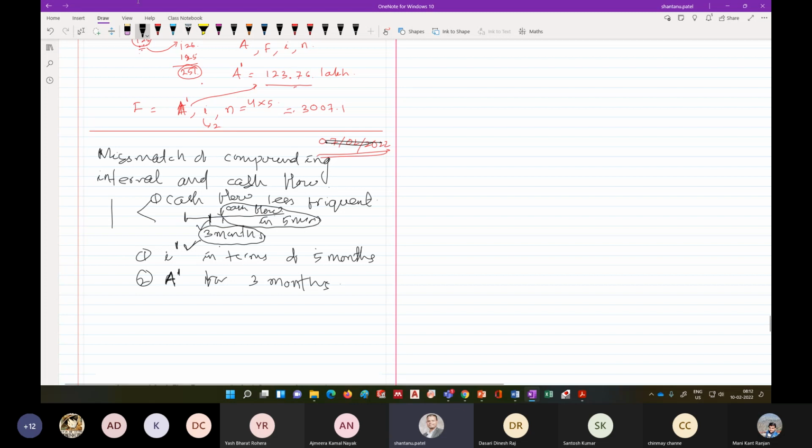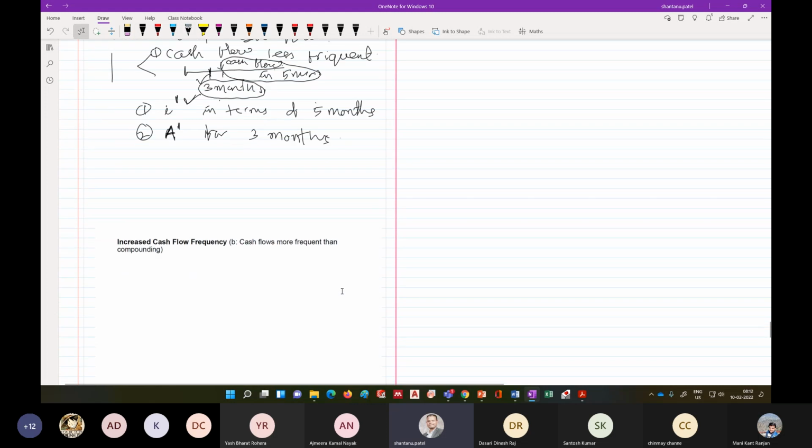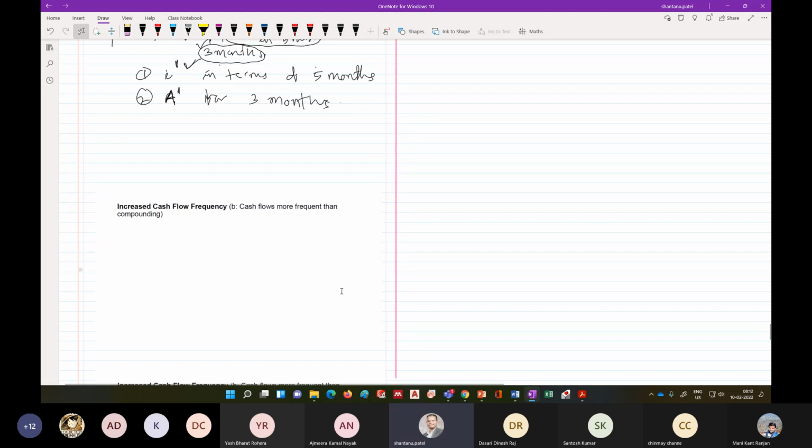Okay, so the next thing which was left is the cash flow is more frequent than compounding.